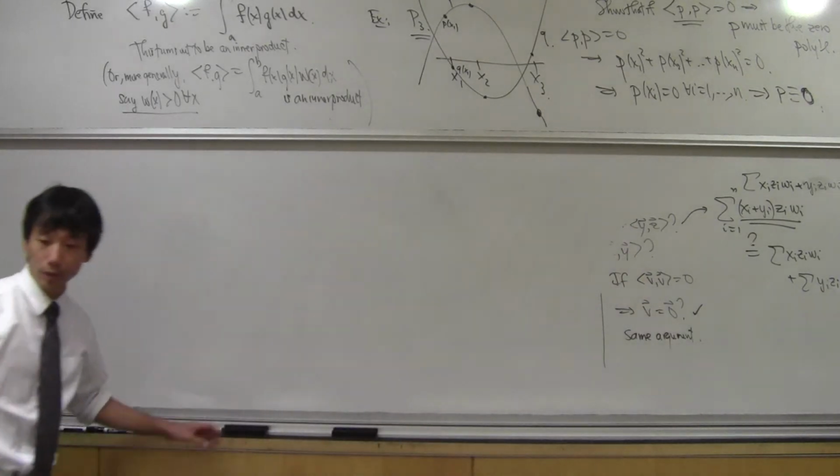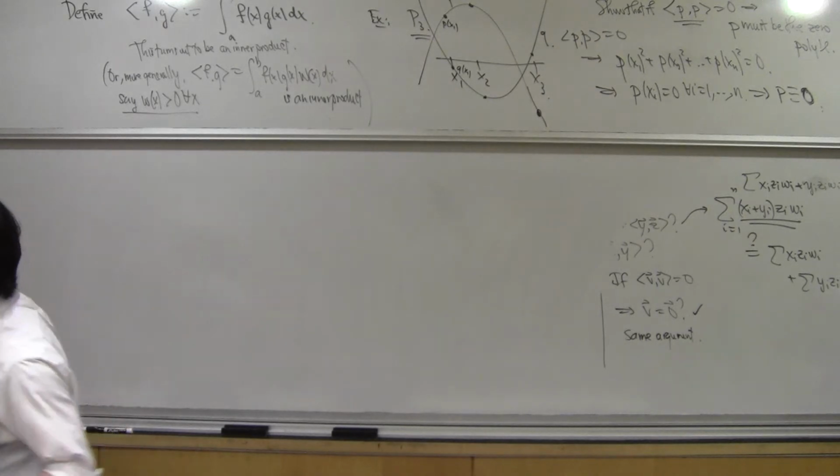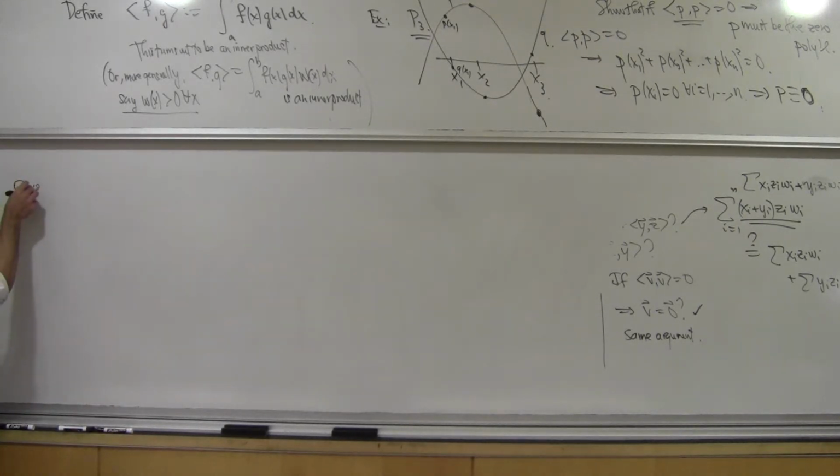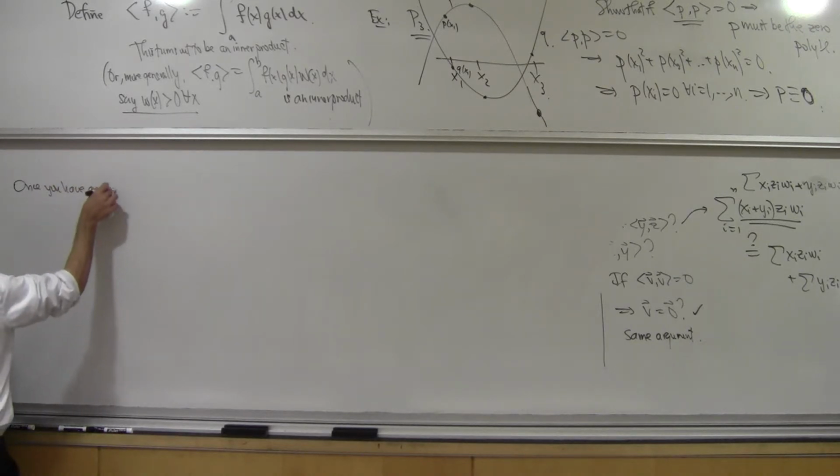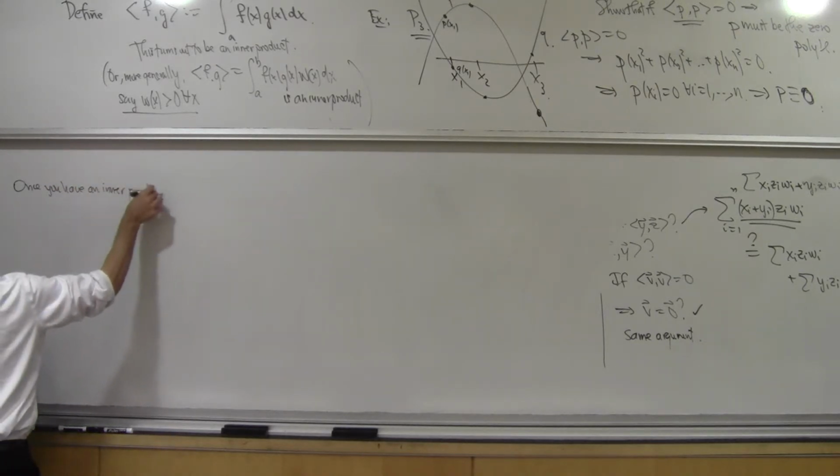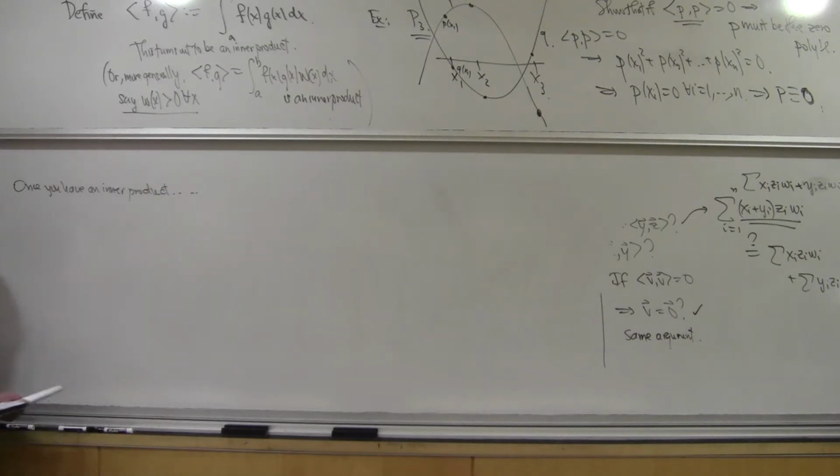Okay, so once you have an inner product, then you can introduce all sorts of things from Euclidean space. The first thing we can talk about is orthogonality, things being perpendicular. Once you have an inner product, you can say things are perpendicular if their inner product is 0.